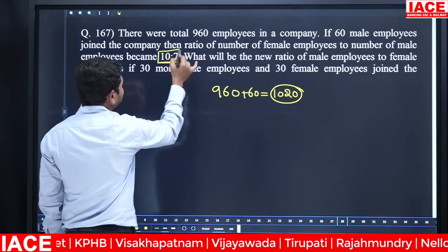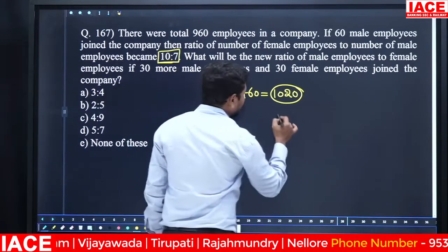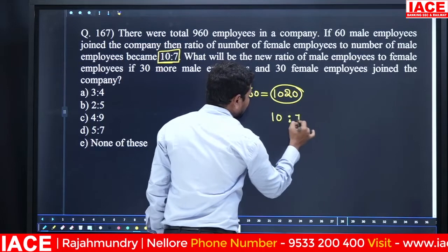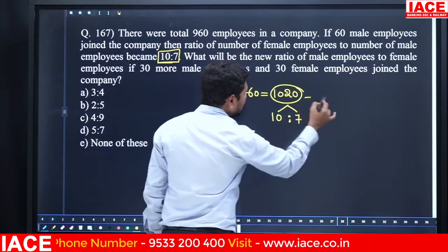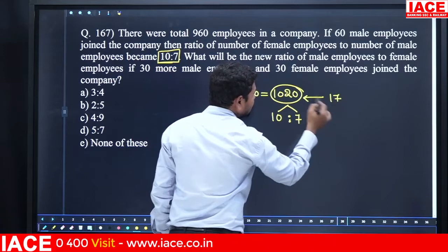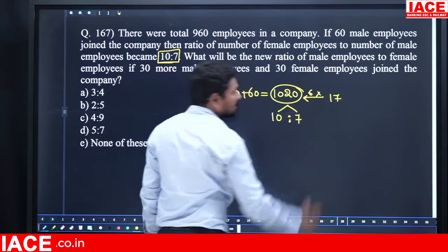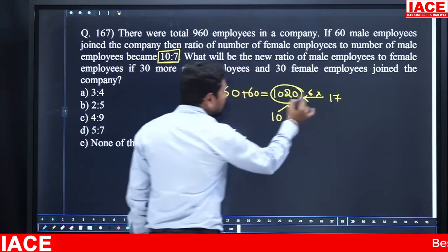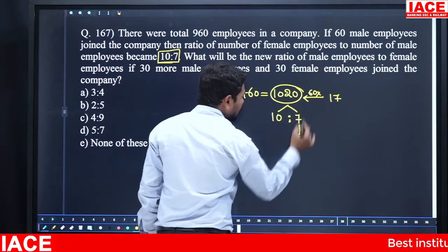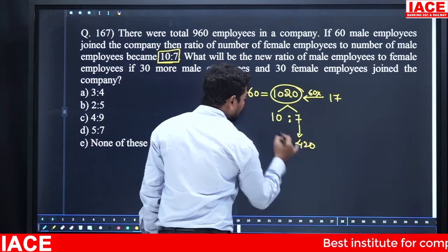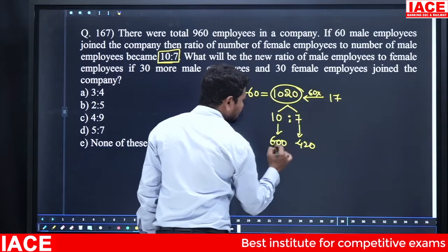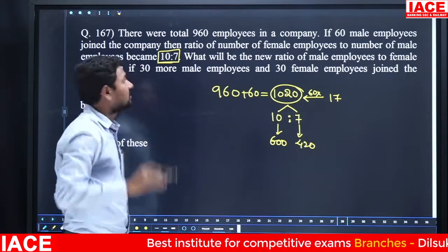What is the ratio? 10:7. The total is how many parts? 17 parts. 17 how many times? 60 times. 17 6 are 102, with an extra 0. Here also multiply by 60: 420 and 600. 600 plus 420 is equal to 1020.